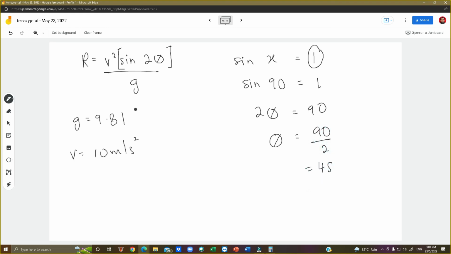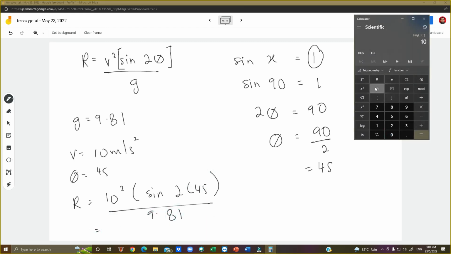Now, let's try. Kita tukarkan semua ni dalam equation. Okay, kita ambil theta 45. Later on, kita ambil theta lebih daripada 45 pula. Okay, tengok R equals V square. V kita ambil tadi 10 square, sin 2 kali 45, bahagi dengan 9.81. Okay, cuba selesaikan. Berapa dapat? 10 kuasa 2, 100.